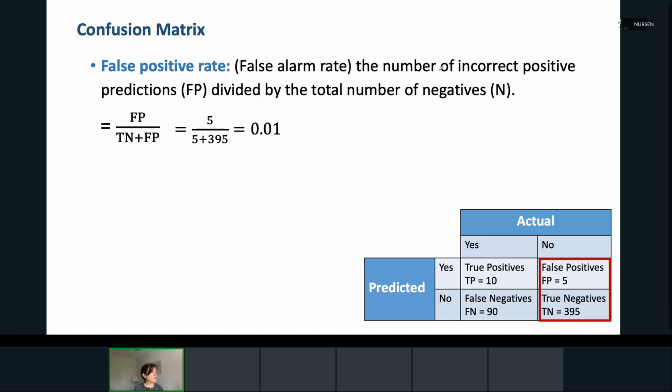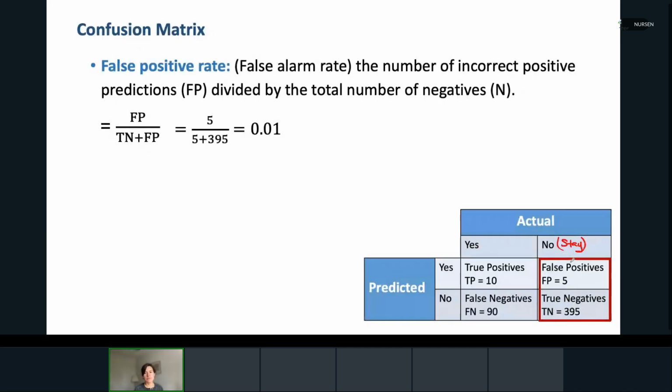Another measure is false positive rate. Now we focus on our no predictions, stay predictions. These are the stay cases or not churn cases. It is the proportion of incorrect stay predictions out of all stay customers.